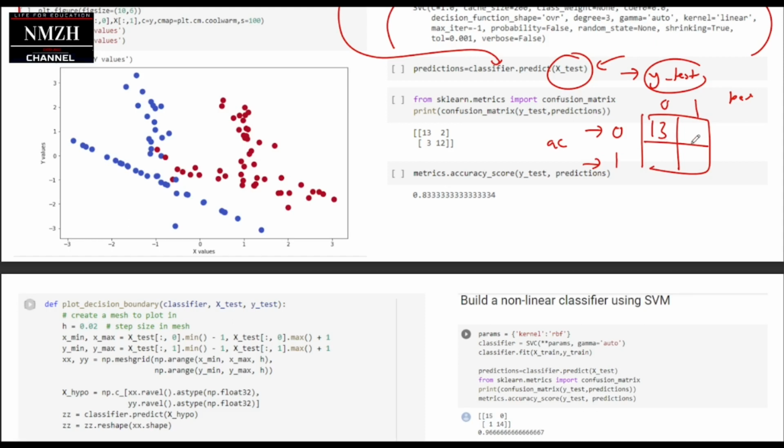The only 2 is missing for 0. Meanwhile the 3 is missing, but this one is true. So obviously it's still good, 83%.